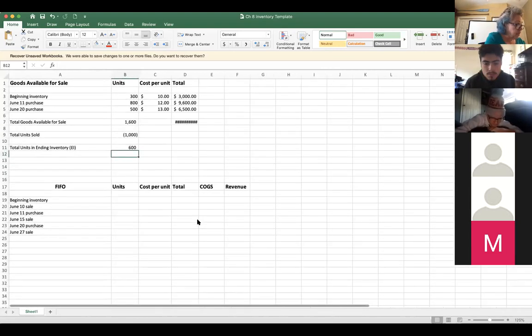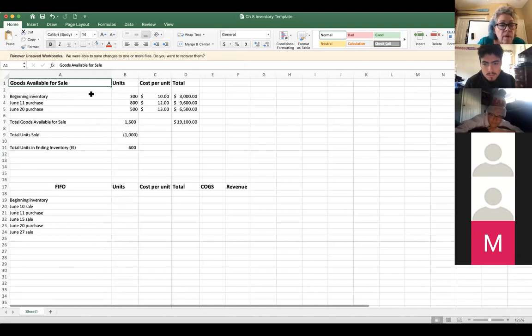So on the template, I went ahead and prepared the goods available for sale schedule. And we had beginning inventory of 300 units at $10 a share. Then on June 11th, we purchased 800 at $12 a share. And then on June 20th, we purchased 500 units at $13 per share.